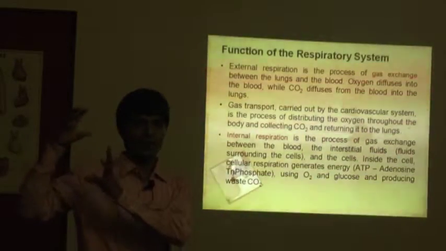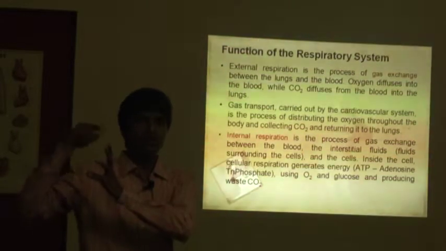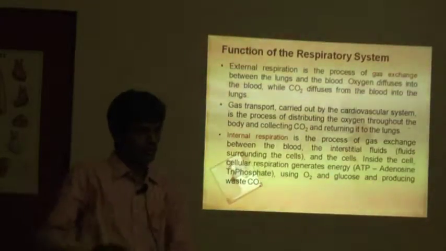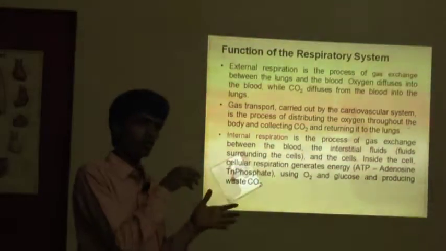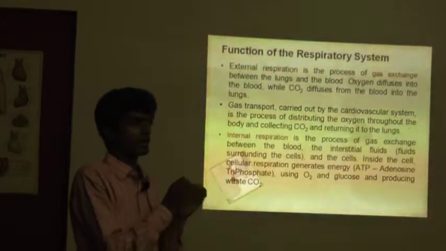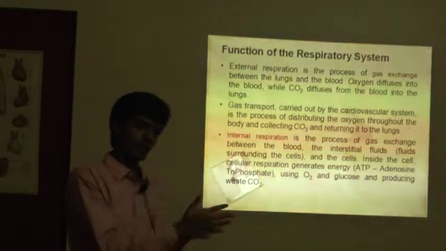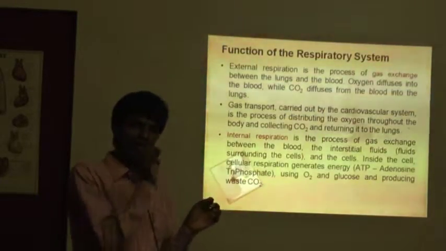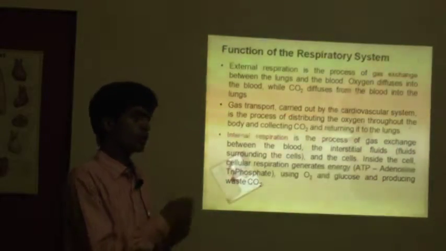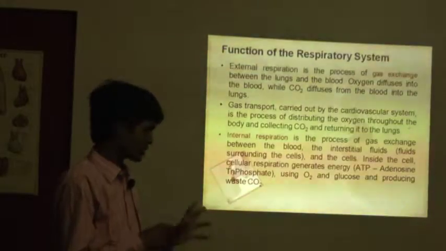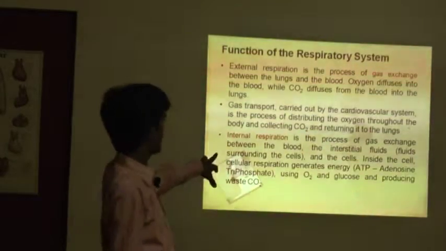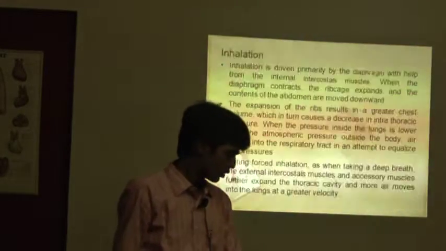After the blood gets a lot of oxygen from the lung, the blood goes all over the body, goes to individual cells. There it gives away the oxygen and takes up the carbon dioxide. That oxygen is utilized by individual cells to generate more and more energy for work. Energy is always in the form of ATP, right? This is what is happening.